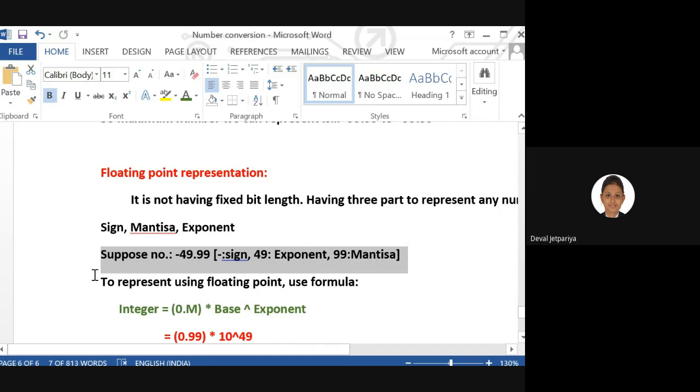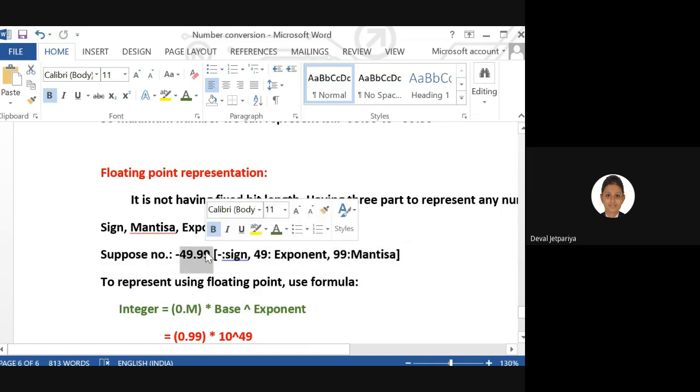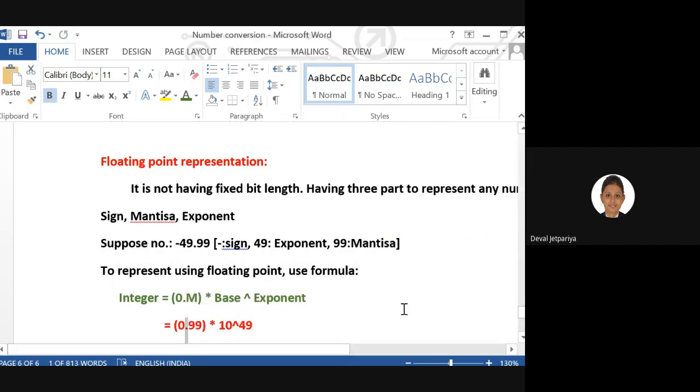Okay? So to represent this particular number using floating point, just write down like this: 0 as it is, then the mantissa. We all know 99 is the mantissa. So 0.99 into base.